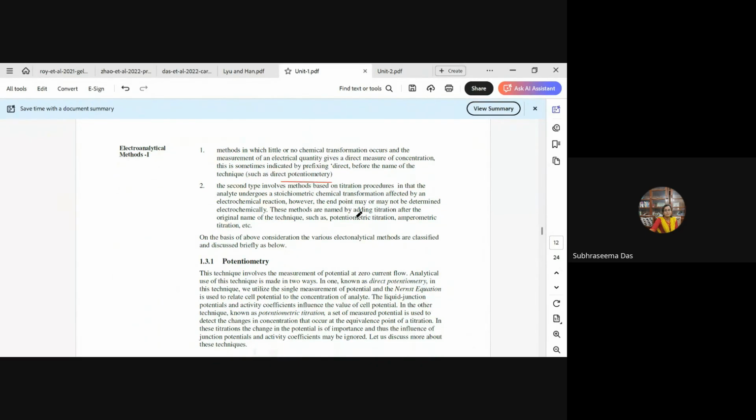The second type involves methods based on titration procedures. Here the analyte undergoes stoichiometric transformations and is determined by titration. These methods are most commonly potentiometric titration, amperometric titration, etc. We will gradually discuss this process in detail.